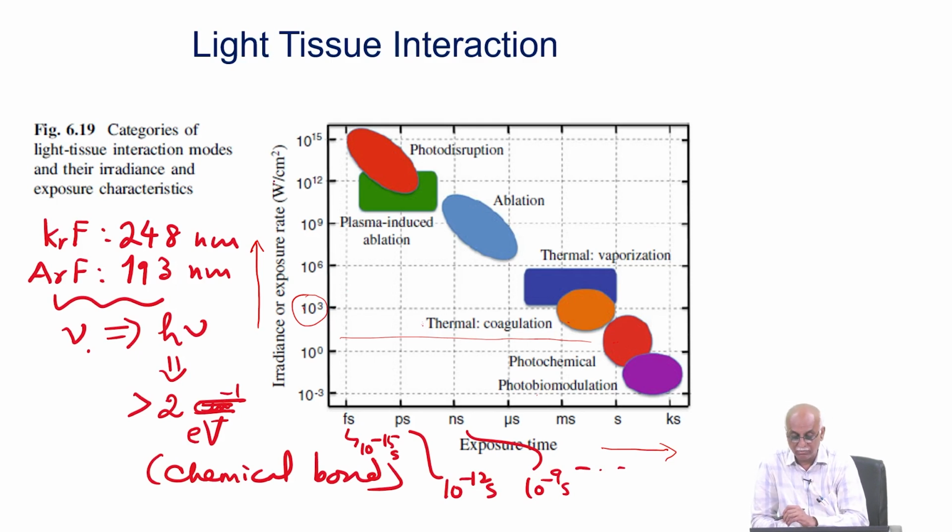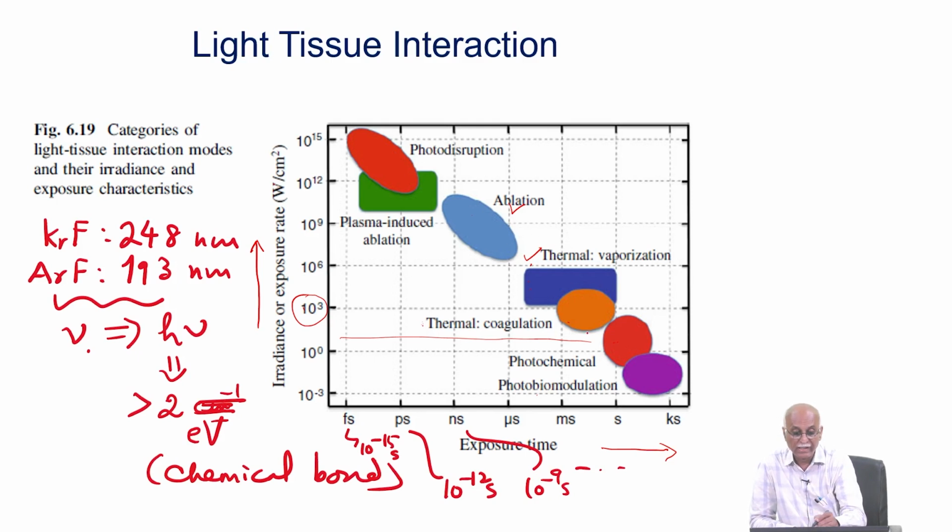If we go with a short pulse laser, such as a microsecond or nanosecond pulsed laser with high intensity, we end up with vaporization, ablation. So removing, let us say, plaque in the vascular structure or removing kidney stones, etc. These ablation processes are useful.